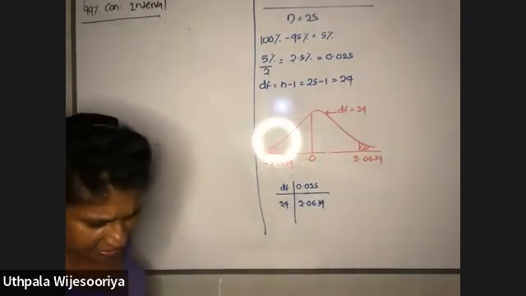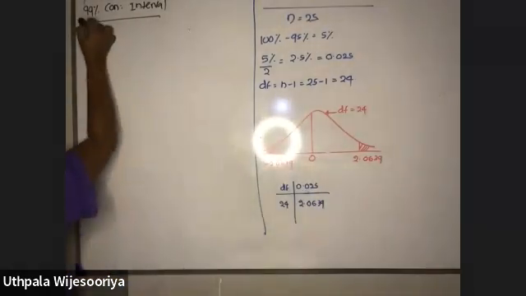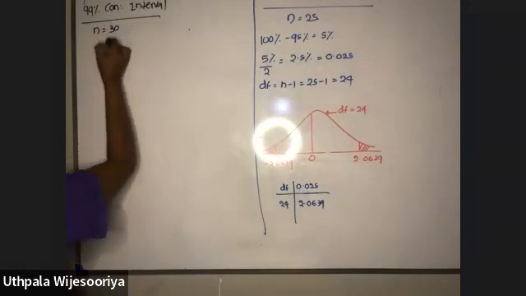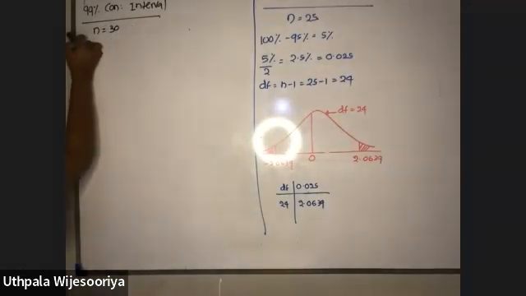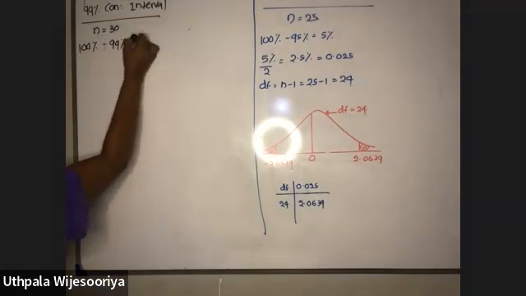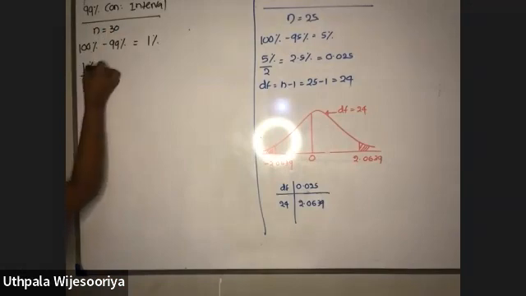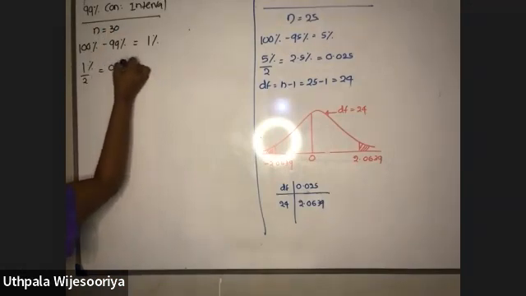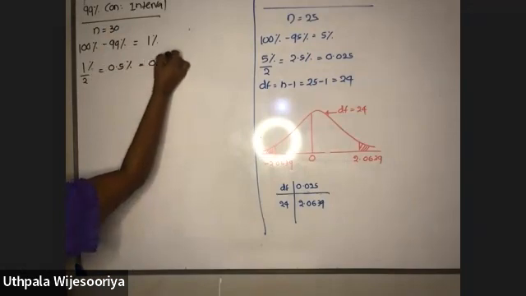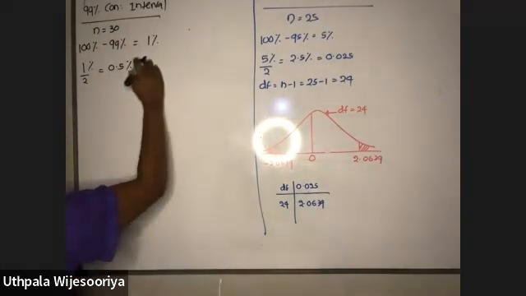The sample size is 30, n equals 30. Again, 100% minus 99% is 1%, and 1% divided by 2 is 0.5%. As a decimal, that is 0.005.